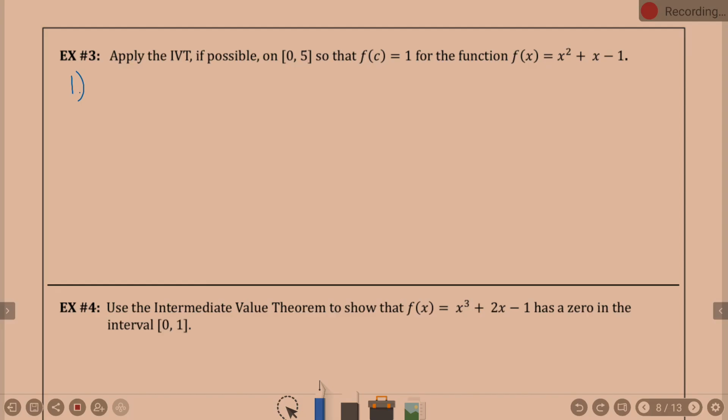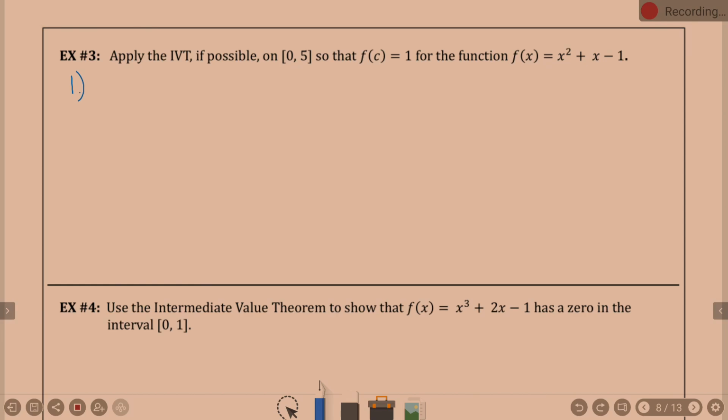Okay, and why have we said it's continuous? It's a polynomial. On mine, sometimes I write that f of x is continuous because all polynomials are continuous. On this one, I just have f of x is continuous on the reals, like that fancy R I showed you the other day.